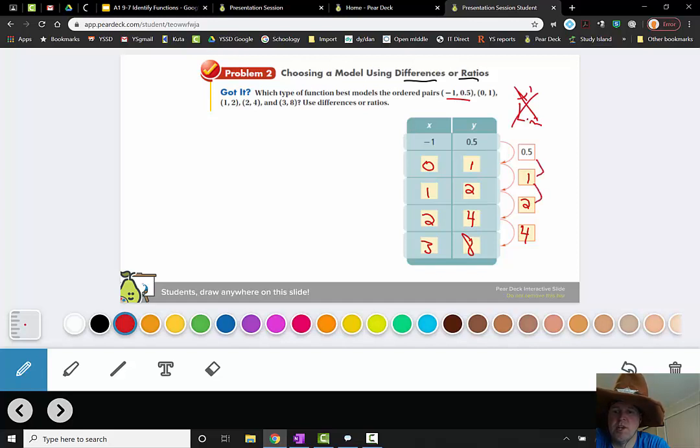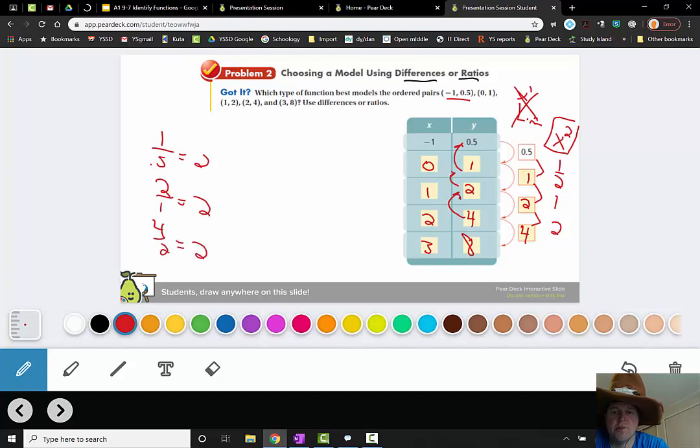So what we'll do is check round 2. When we check round 2, this is going to go up by 1/2. This one goes up by 1, and this one goes up by 2. This would be a check for quadratic. It didn't work. Okay, so the last thing we have to do is work backwards. So we're going to say 1 divided by 0.5 is 2. 2 divided by 1 is 2. 4 divided by 2 is 2.